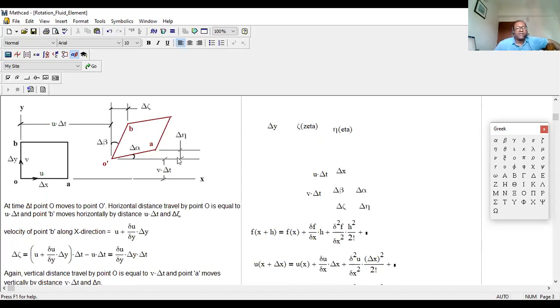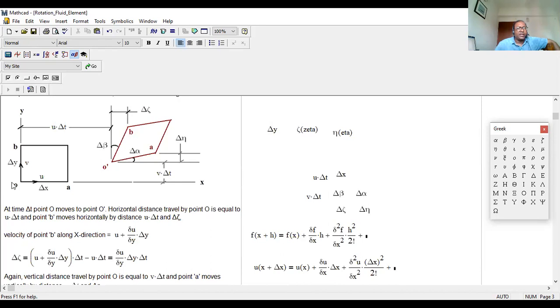You see right over here, line OA rotates in the anti-clockwise direction. It is supposed to be over here, but it has rotated anti-clockwise. And line OB is supposed to be here, but it has rotated clockwise. So from here we can figure out the rotation of the fluid element.